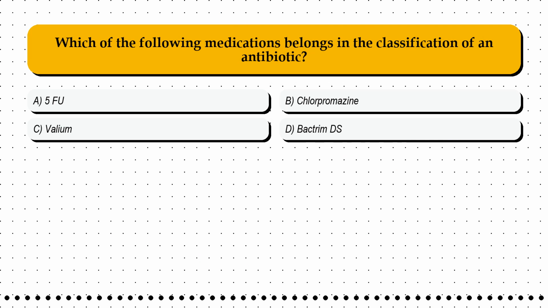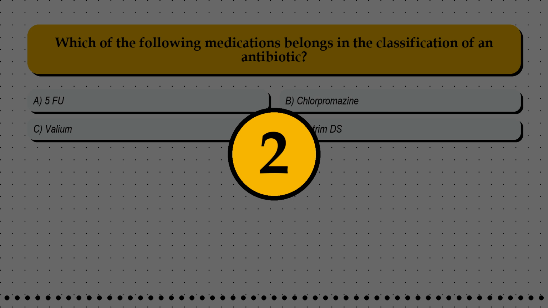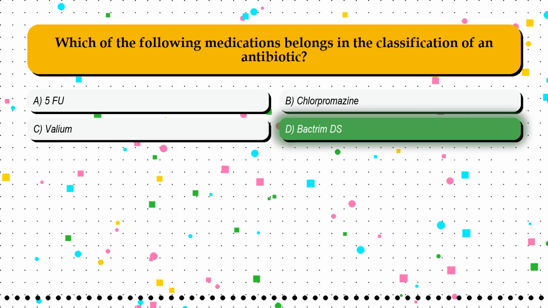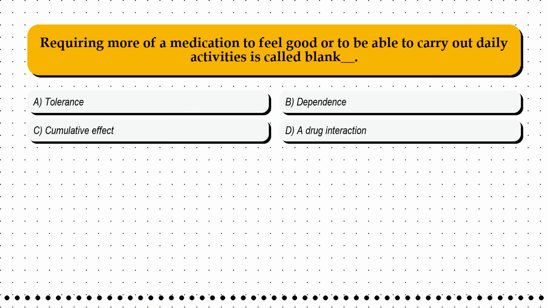Question 248. Which of the following medications belongs in the classification of an antibiotic? Option A, 5-FU. Option B, chlorpromazine. Option C, Valium. Option D, Bactrim DS. The correct answer is option D, Bactrim DS. Question 249.